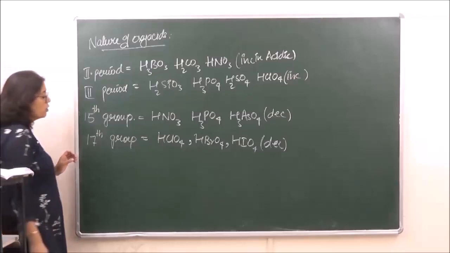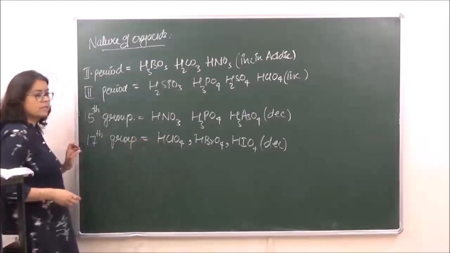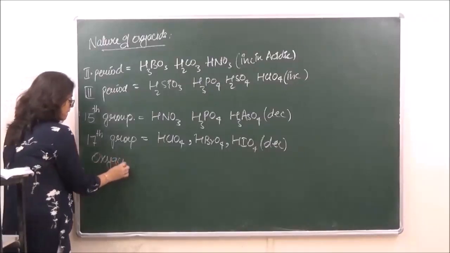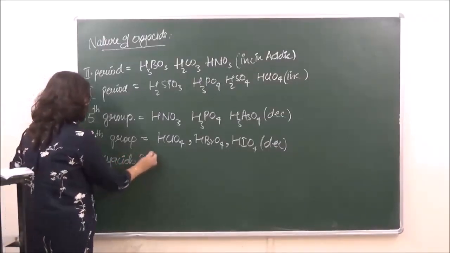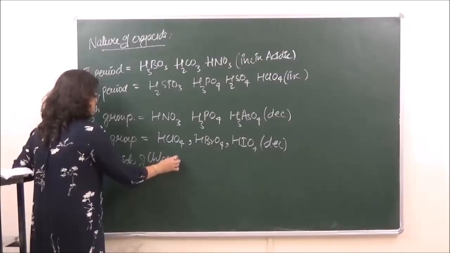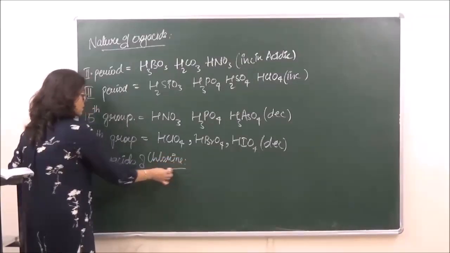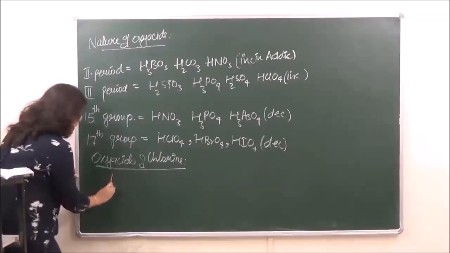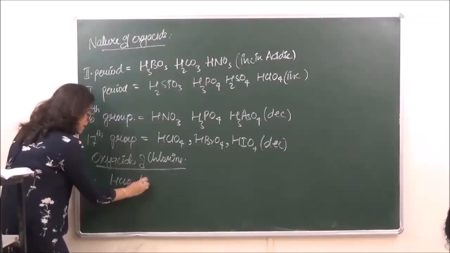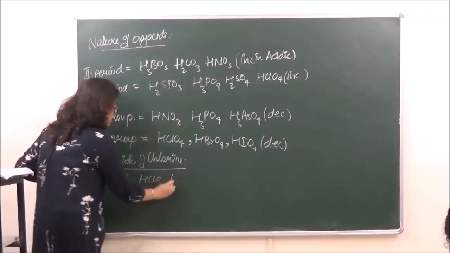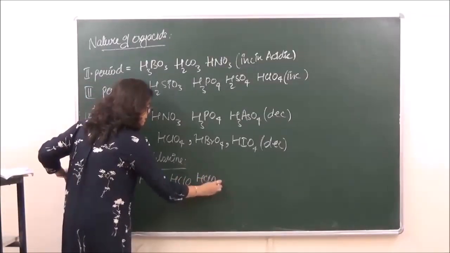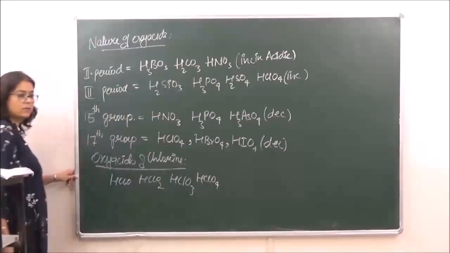Now when we are talking of only the oxyacids of chlorine, oxyacids जो बनती है, that is HClO, HClO2, HClO3 and HClO4.